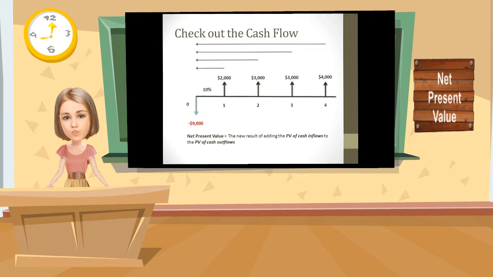At the end of the first year, we show a cash inflow, a positive number of $2,000 above the line, and the $3,000 are shown for year 2 and likewise for year 3, both above the timeline as positive numbers. At the end of our timeline, we'll have a cash inflow of $4,000.